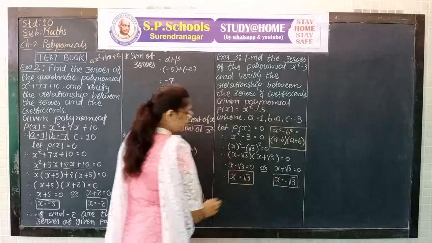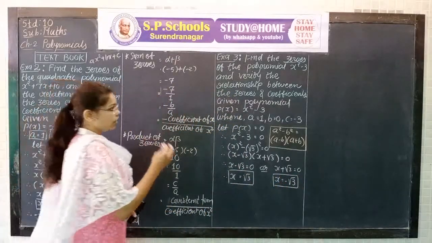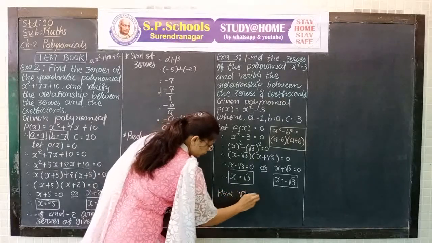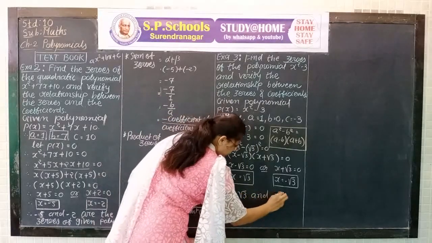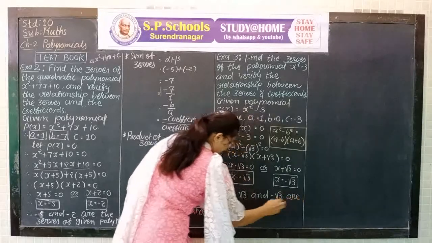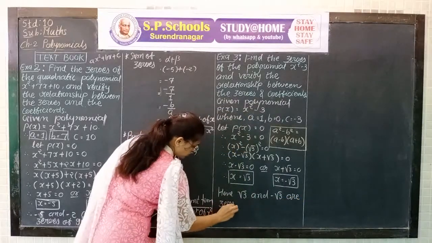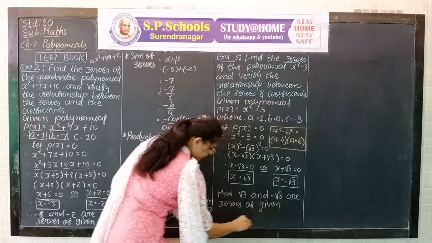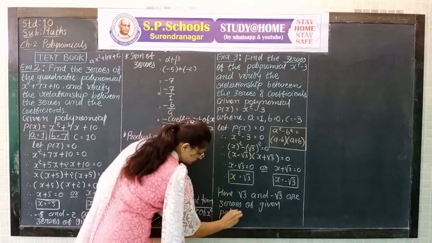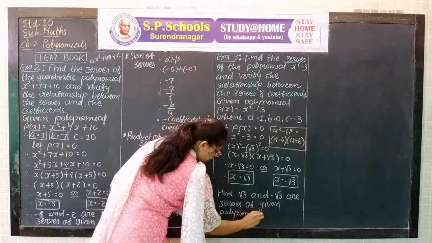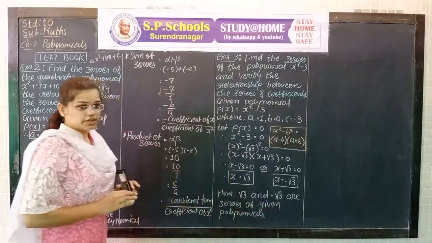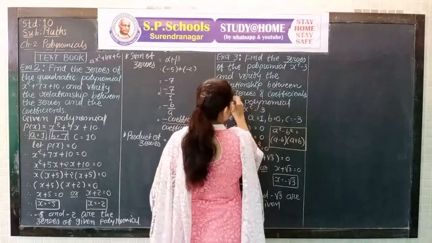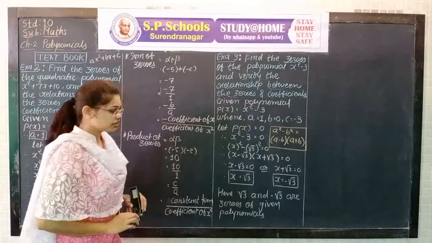Here root 3 and minus root 3 are the zeros of the given polynomial. First question is completed. Now second is verify the relationship between the zeros and the coefficient.